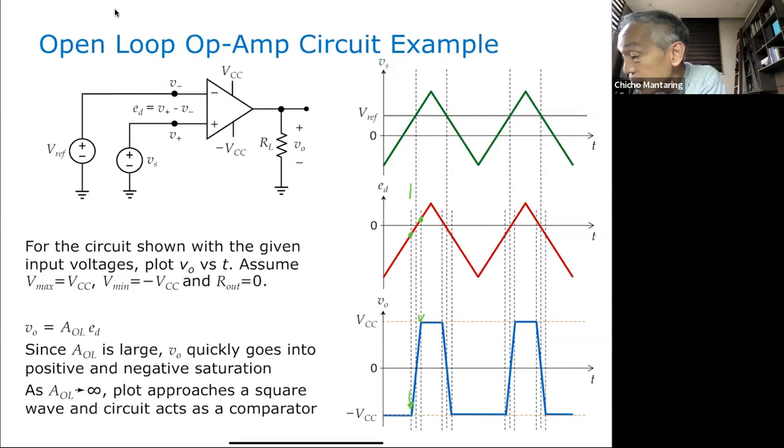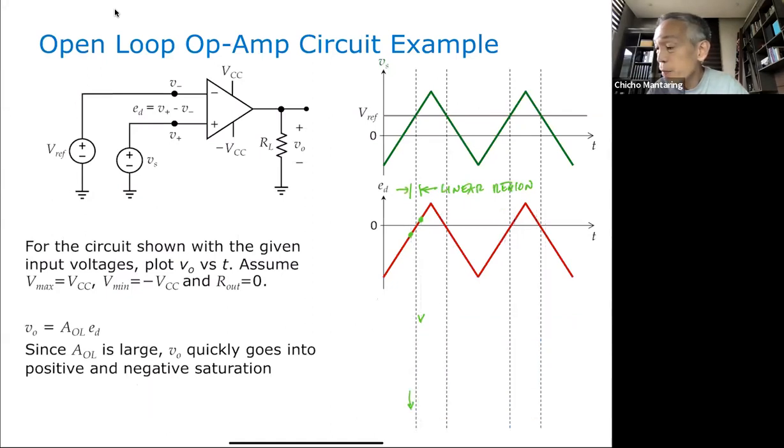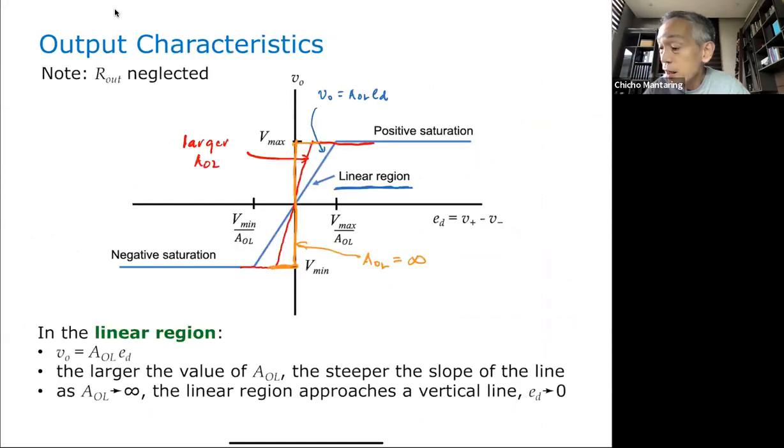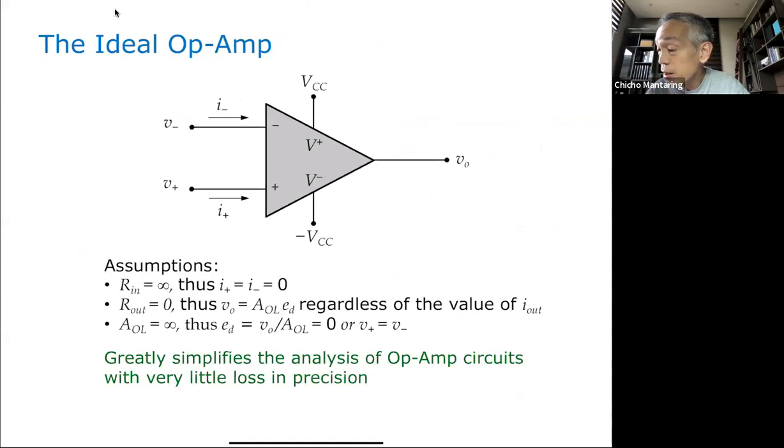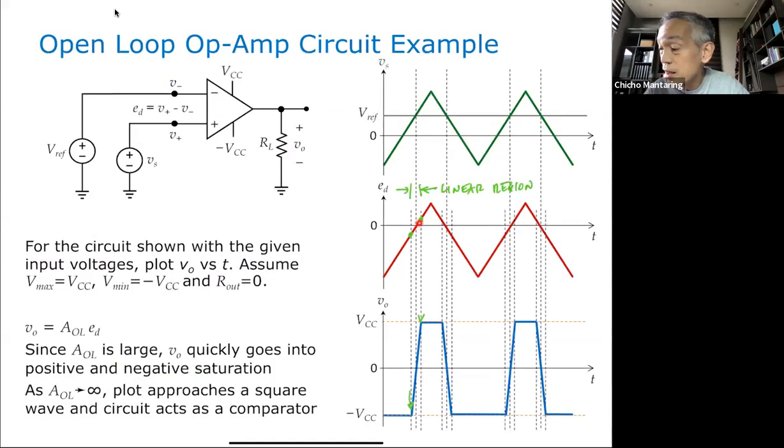This is the only place where I am in the linear region. Okay, ano yung linear region? Again, going back to here, this is your linear region. That only happens between these 2 points. Outside of those 2 points, I am in positive saturation or negative saturation.